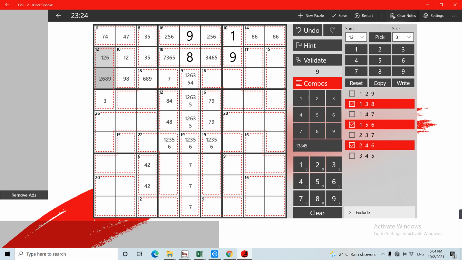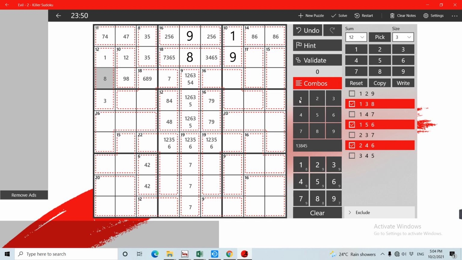I'll clear these 2 notes. I will enter a 3 here, which means I can enter 1 and 8. Of that, we know that 8 is not possible here. So this is how we will enter. So if 8 is not possible here, we will enter this 1, 8, 3. This is the first sequence.